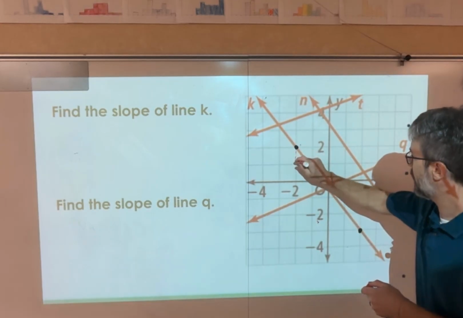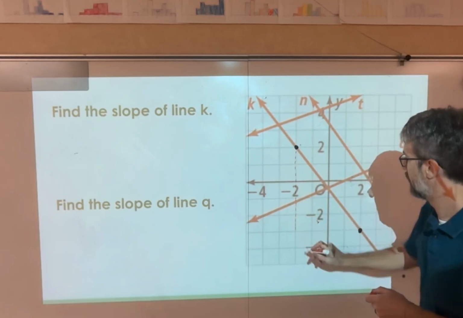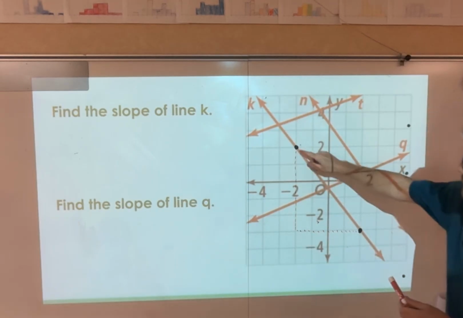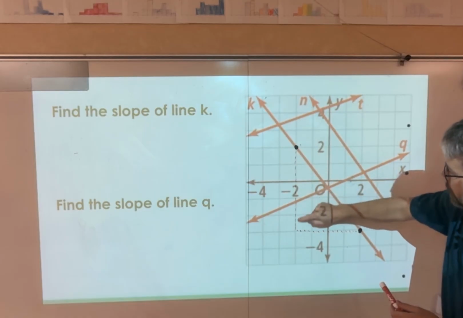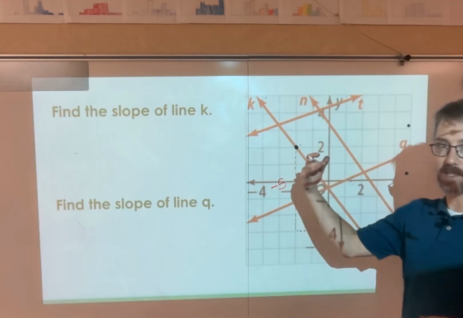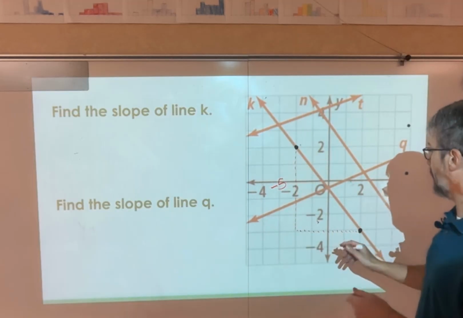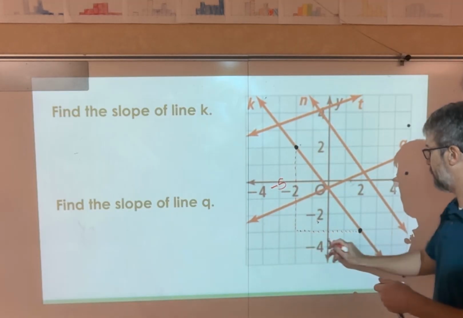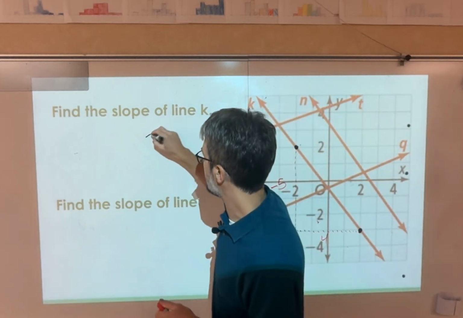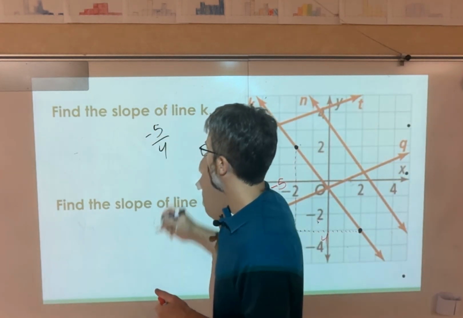So now if I count down and count over, going from left to right, it is going down 1, 2, 3, 4, 5. So the rise is a negative 5, meaning it's going down, right? And then the run, 1, 2, 3, 4, is positive 4.